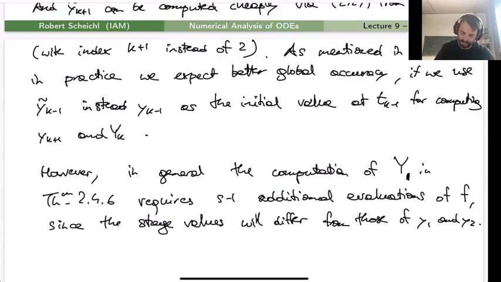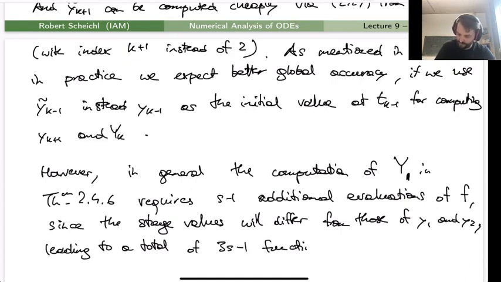So in total, leading to a total of 3s minus 1 function evaluations for 2 time steps of both methods.